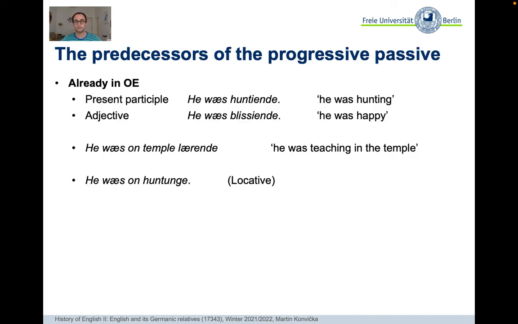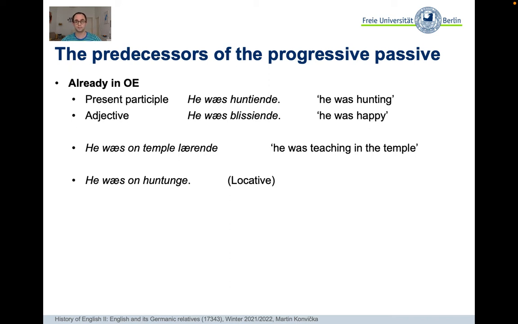This doesn't mean that passive progressives were not existent in English before the 19th century. There were other ways of expressing this, not only the so-called passival, but for example in Old English there was the combination of the auxiliary to be with a participle ending with ende, right?